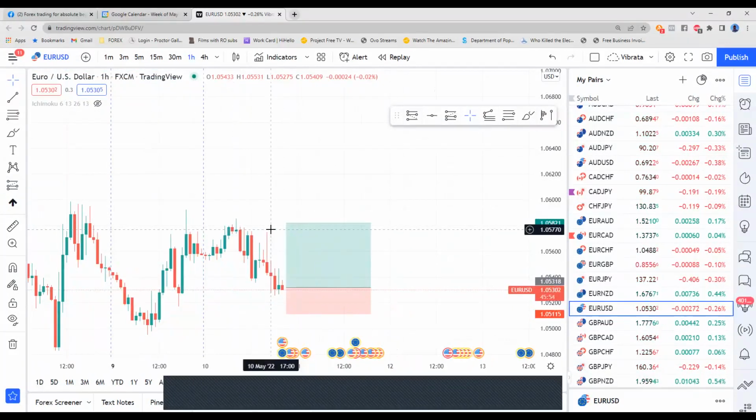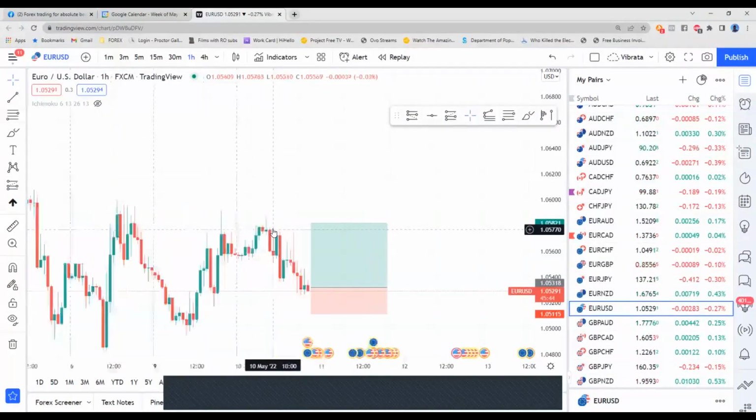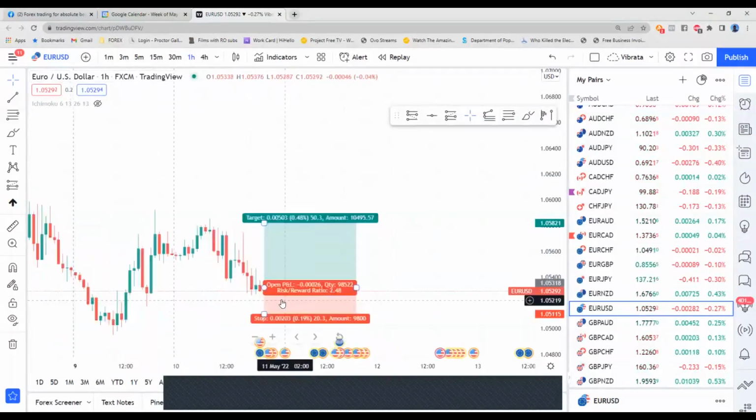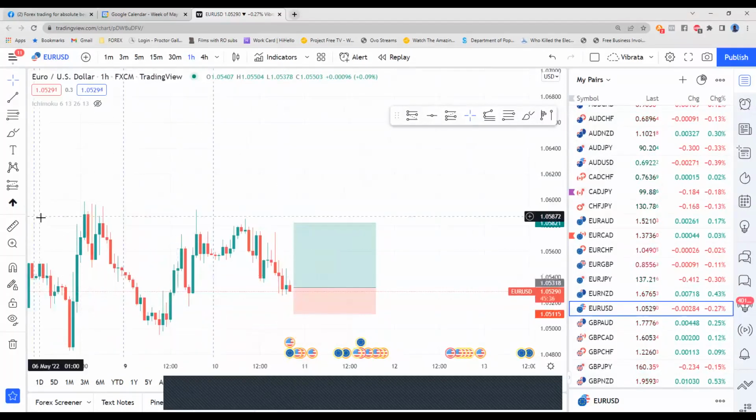What does this mean? Do I, as a trader, actually buy currency? No, I don't. What I do as a trader is I predict that the euro is going to gain strength against the dollar. How does this happen? Well, currently the price of the euro against the dollar is 1.05289, okay, and moving.